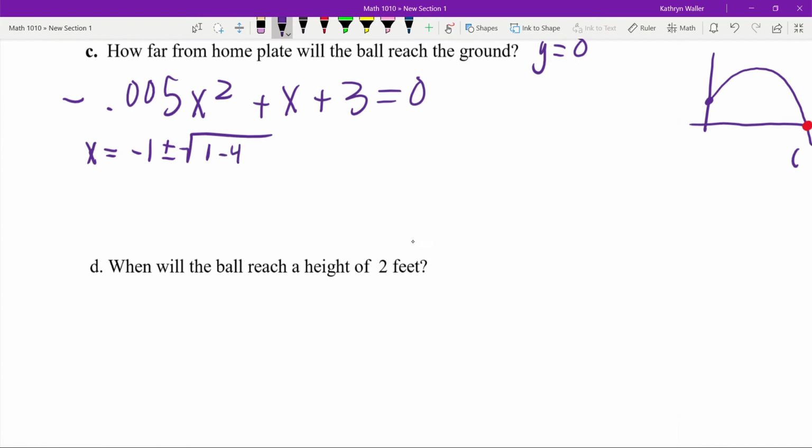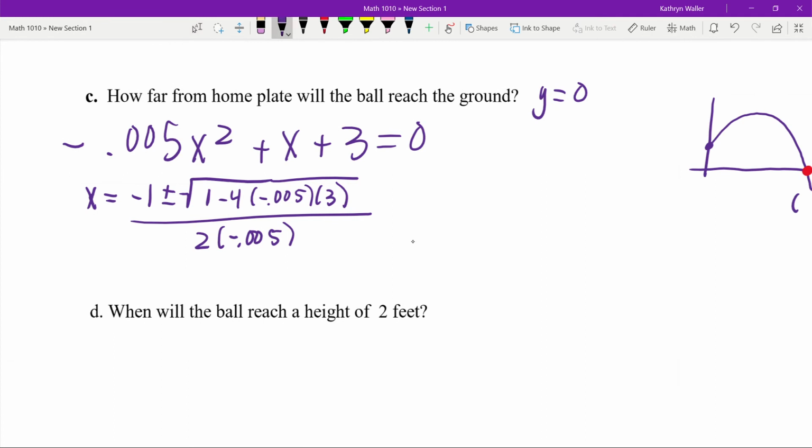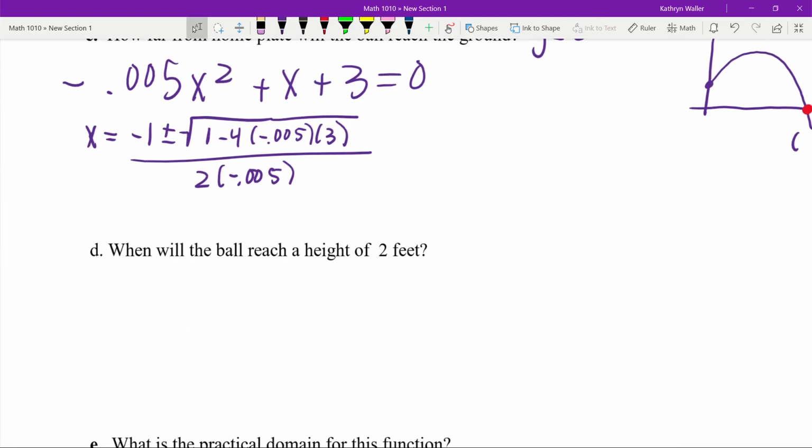Minus 4 times a, which is negative 0.005, times c, which is a 3, all over 2 times a, 2 times negative 0.005, okay? Now, I want you to add to the directions to round 3 digits past the decimal. If it says to round to 3 digits, go from that setup to your answer. Just go right to it, okay?